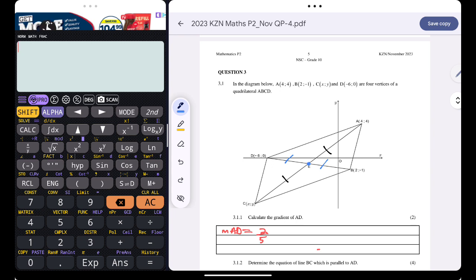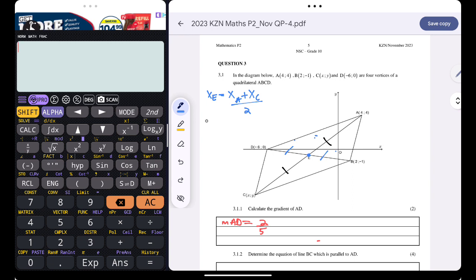Are you together? For me to find the x value at E, I can say the x value at A plus the one at C, all divided by 2. Why am I using the average? Because point E is at the midpoint. I just found out that the x value at E is -2. The x value at A, I know it's 4, it's given there, but I don't know the x value at point C.